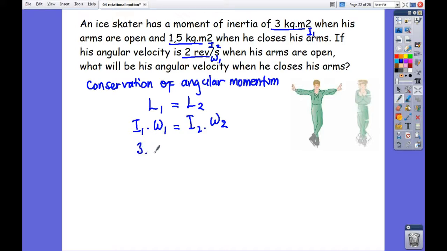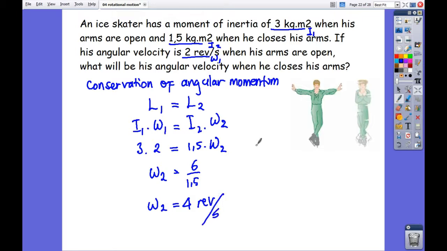I1 is 3 kilogram meter squared, omega 1 is 2 revolutions per second, and I2 is 1.5 times omega 2. So omega 2 is 6 over 1.5, which is 4 revolutions per second. From this example, we know that to gain angular velocity, you have to decrease the moment of inertia. As you can see here, the moment of inertia decreases from 3 to 1.5, while the angular velocity increases from 2 to 4.